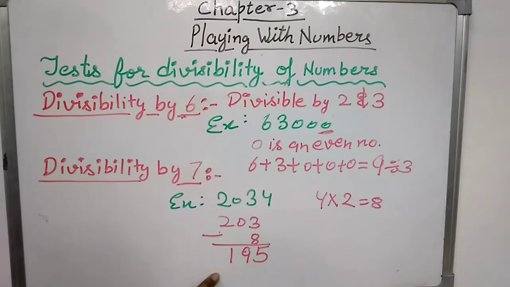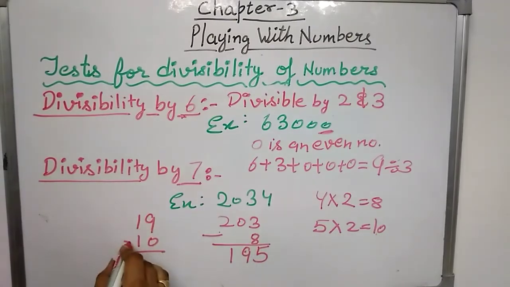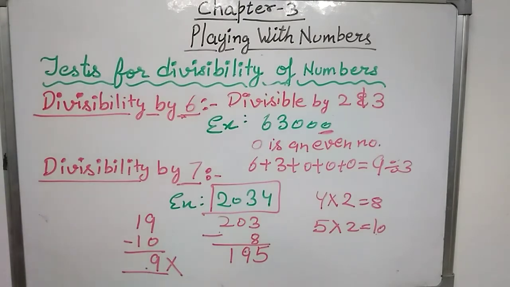Now in this number 5 is the units digit, so we will double this unit. This is 10. Rest digits are 19. So we will subtract this 10 from 19. On subtraction result is 9. Now we can say this 9 is not divisible by 7. Hence this number 2034 is also not divisible by 7.